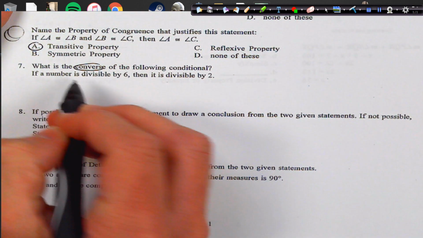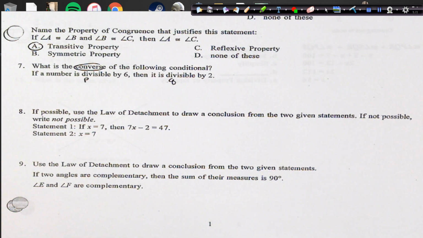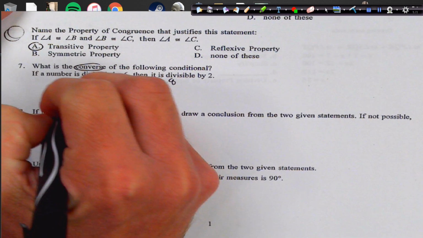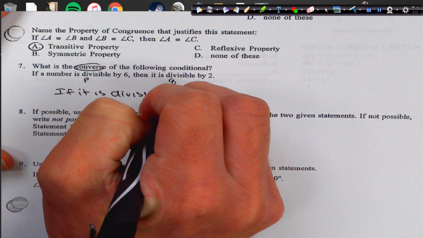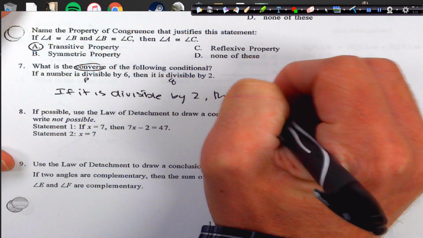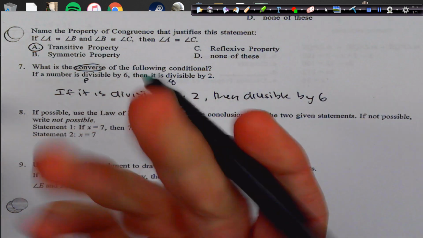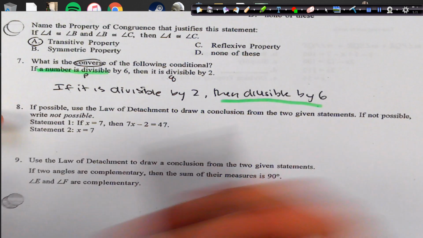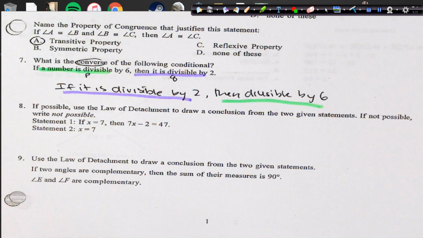I'm going to flip the hypothesis, which is P, and the conclusion, which is Q. So we turn out to be: if it is divisible by 2, then divisible by 6. Okay? Again, the green part right here got moved to the back because it's getting flipped. The purple part here gets moved to the front. Again, converse, we're flipping it.